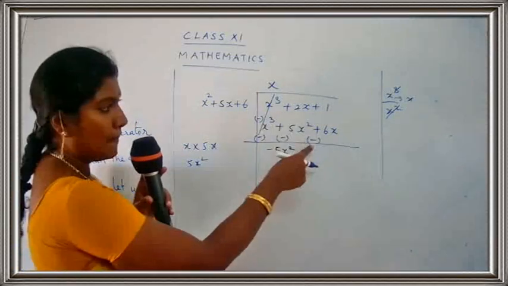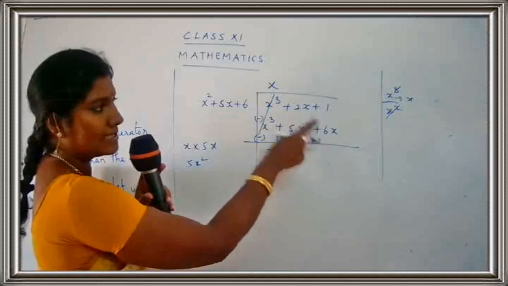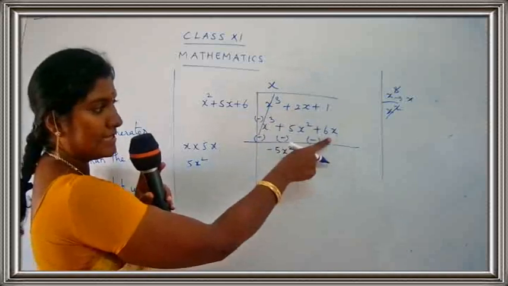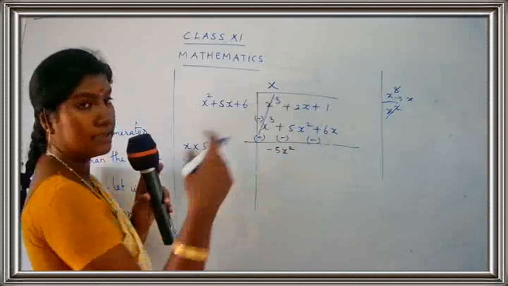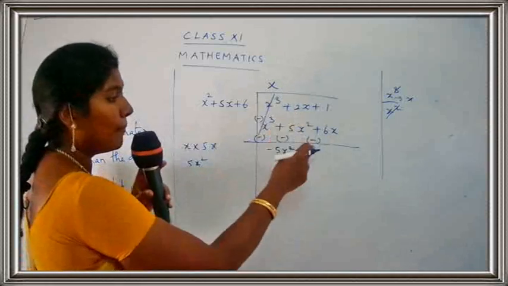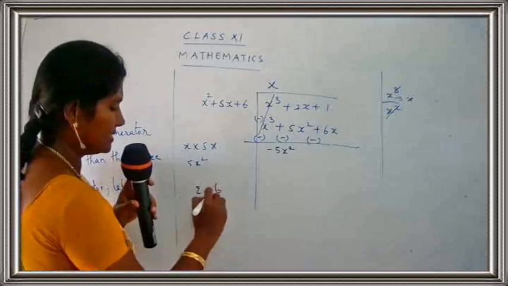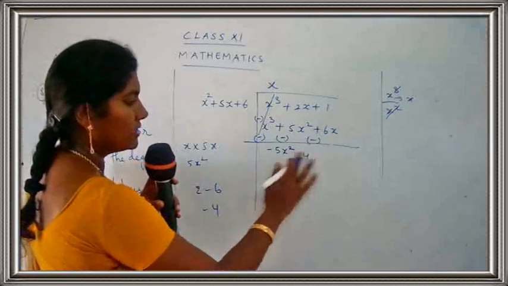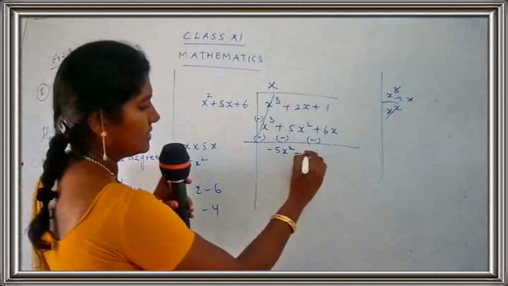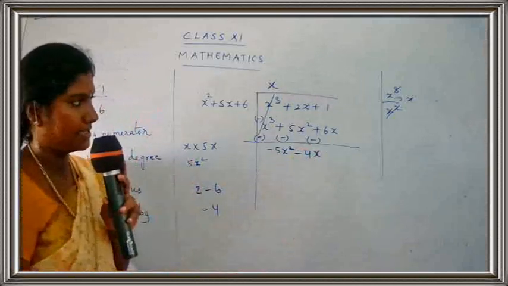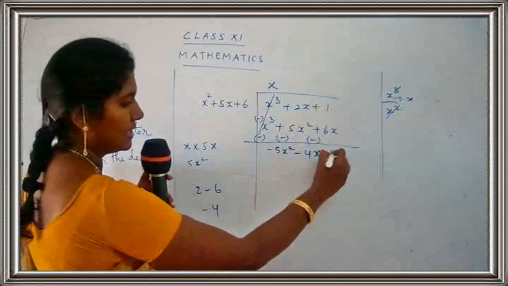Now 2x minus 6x, these are like terms, so I can simplify them. 2 minus 6 is minus 4. What is the variable here? Minus 4x. So the variable is x. Now what is left here? Plus 1 is left.